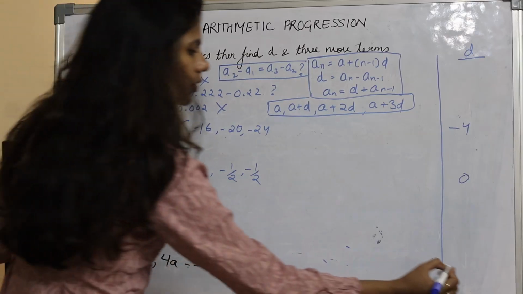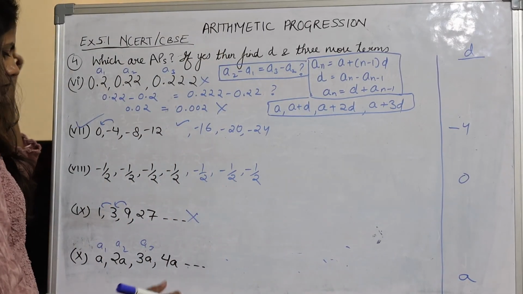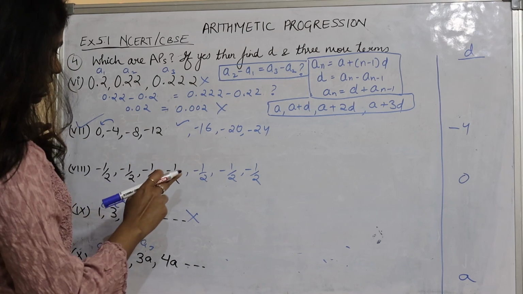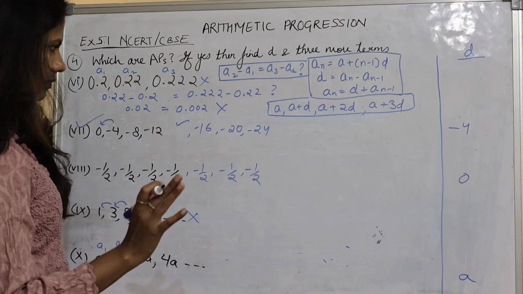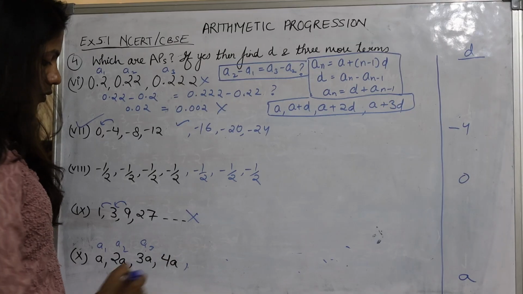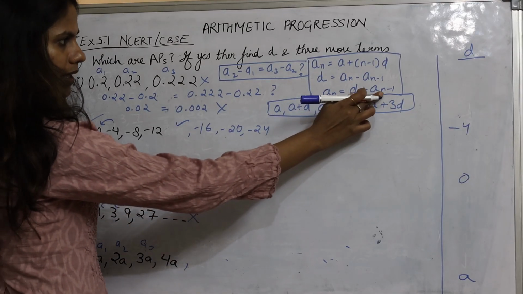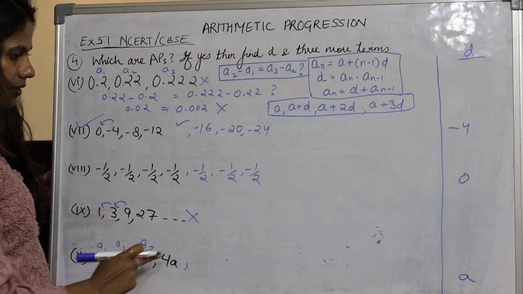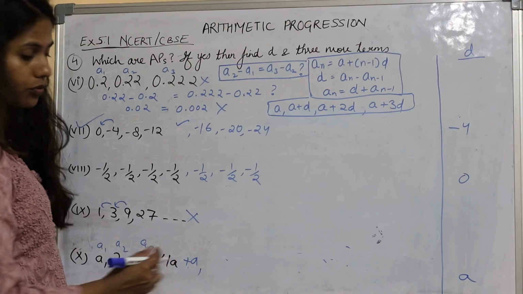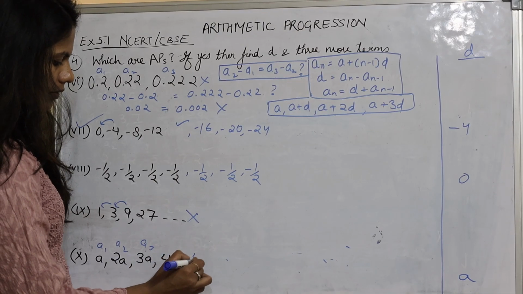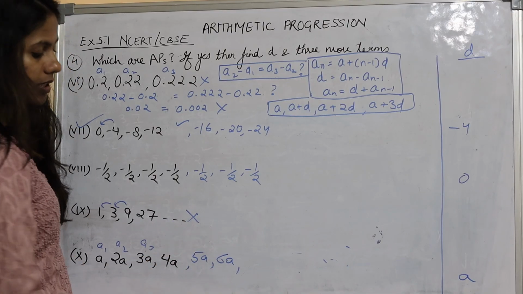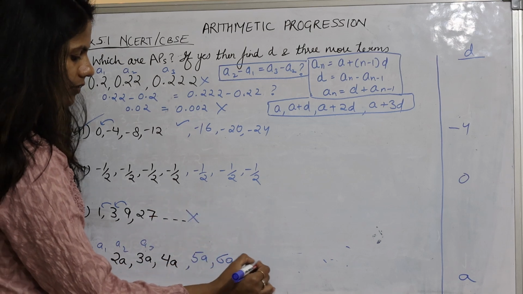So the D here we found is A. Let's find the next three terms. So 4A plus A, where A is our D, which is equal to 5A. The next term is 5A. Again 5A plus A will be 6A. 6A plus A, 7A.